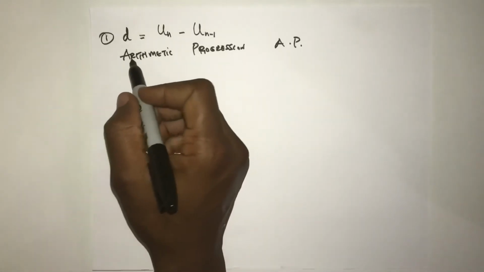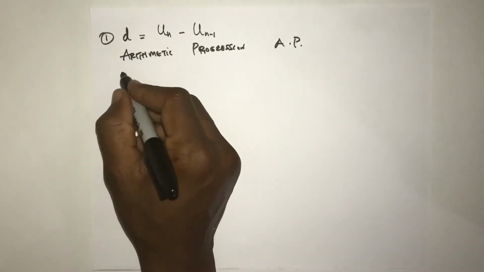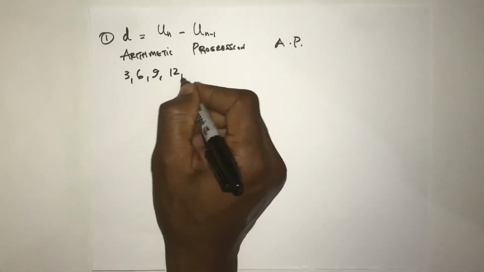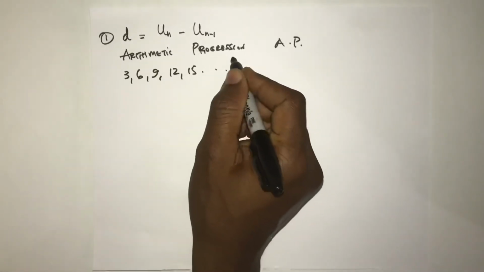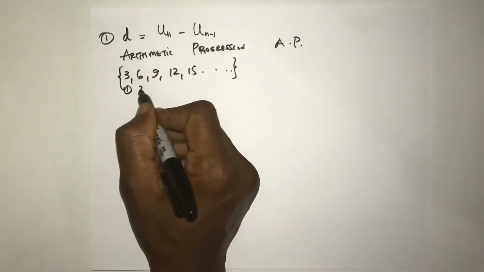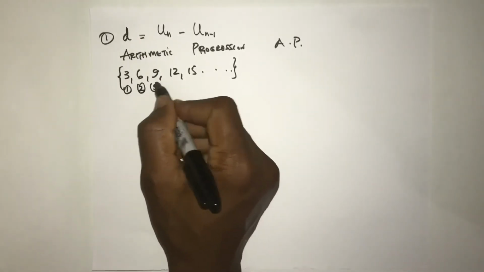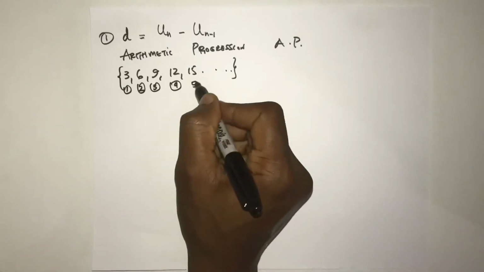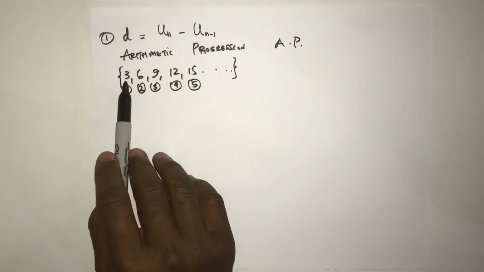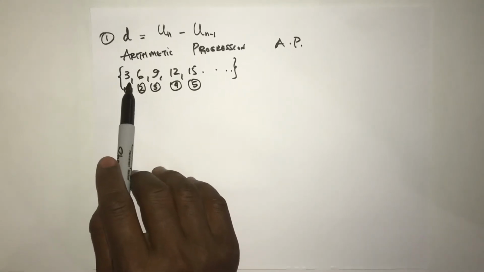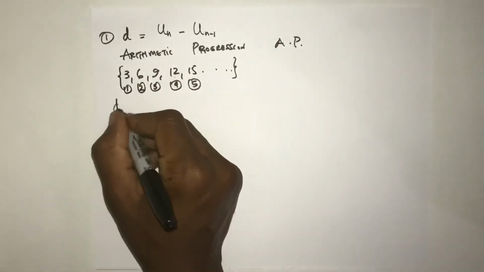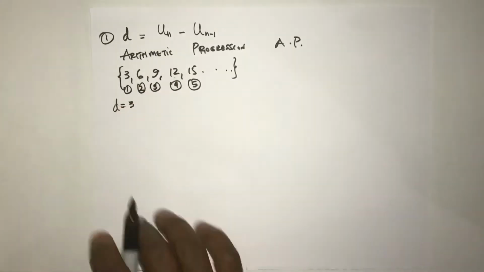For example, let us consider this sequence: 3, 6, 9, 12, 15, and so on. You realize that 3 is the first term, then second, third, fourth, fifth, respectively. So the common difference, just by looking at it, is d equals 3.